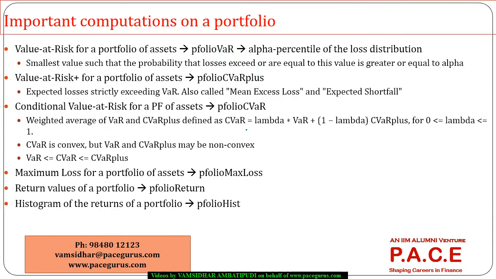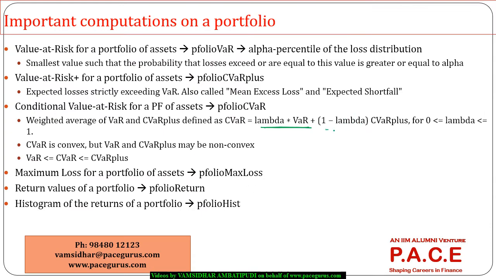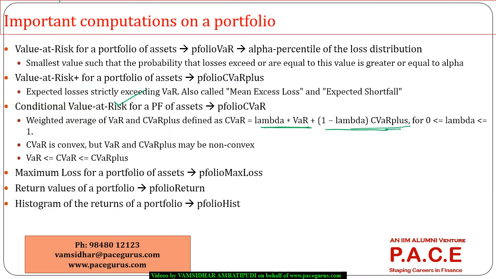So it would typically be worked out like this, computed as lambda times VaR. So 16% weightage has gone to VaR, and the remaining 84% weightage has gone to CVaR plus, and that is what we are calling the conditional value at risk for this particular portfolio of assets, which is typically coming out as 9.26% in this case. So this is how the weights are given.